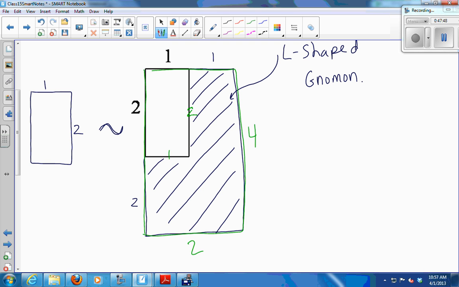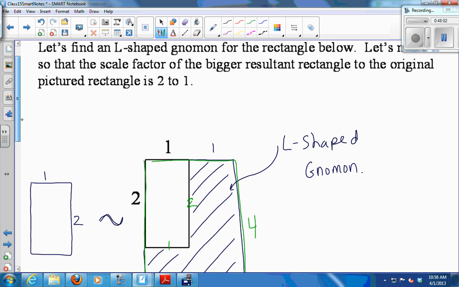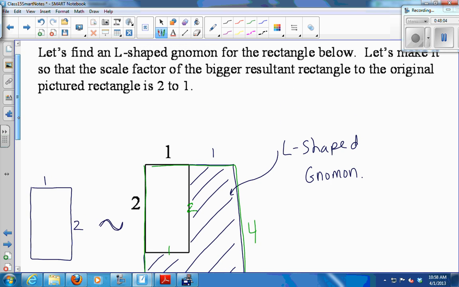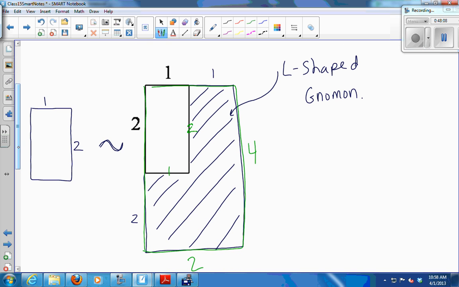Now, the whole idea was not to waste plywood, right? We don't want to waste our wood. So cutting an L is going to waste wood, because then you're just going to throw away a piece this size. So another way that we could do it is to not use an L, but use another rectangle itself.